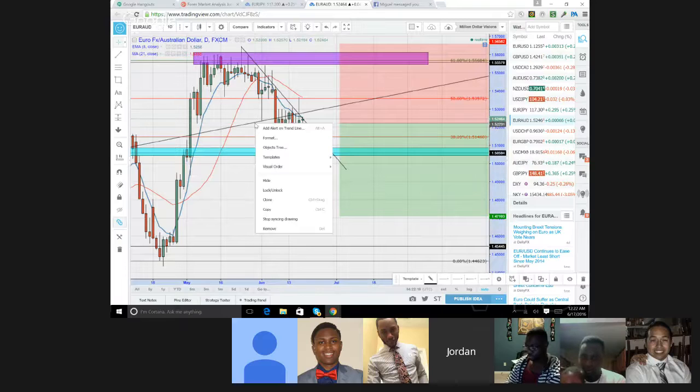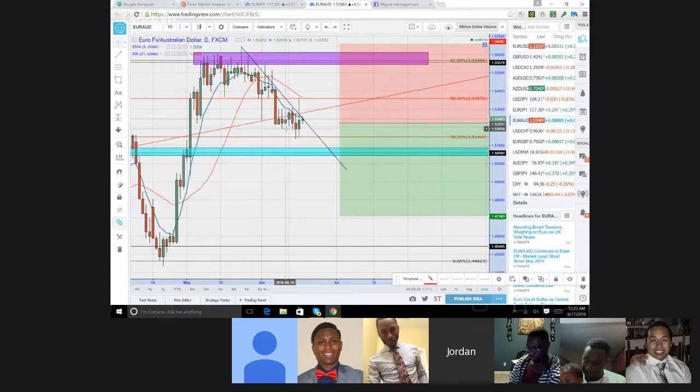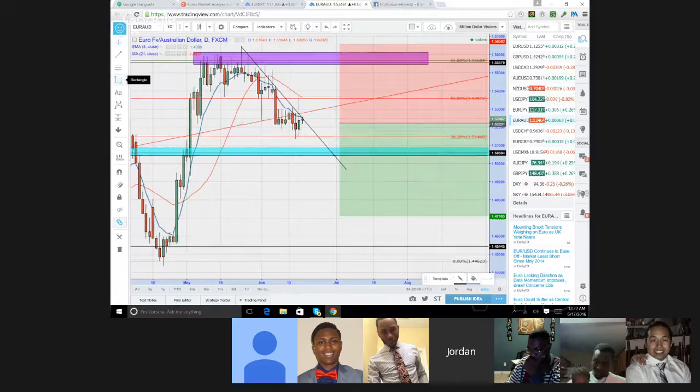Let me see if I can make this a different color for you guys. Make it red. We got a break and close of this dynamic trend line right here, and then as you see, price came up and tested this level. This is where we are right now with price.